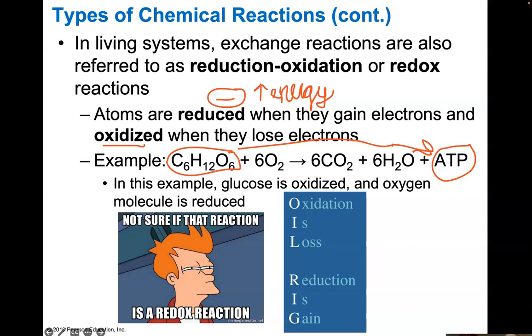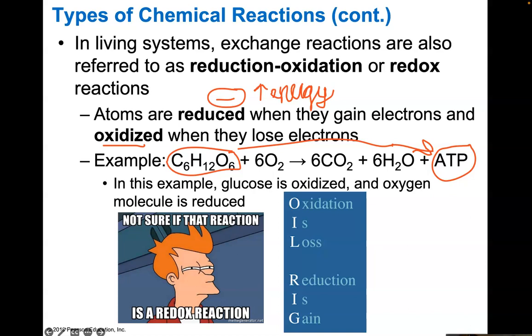In this case, again, when you look at it, glucose is oxidized, then here, the oxygen molecule is going to be reduced because this oxygen molecule is going to take on some of these high energy electrons, right? And eventually, through that whole electron transport system, it's going to transfer them to the ATP, into the form of ATP. So that's kind of the basis behind these redox reactions.